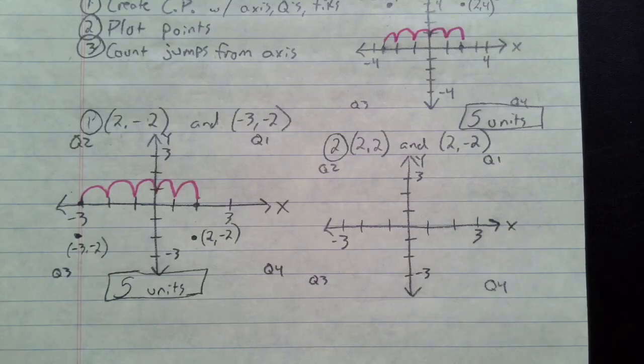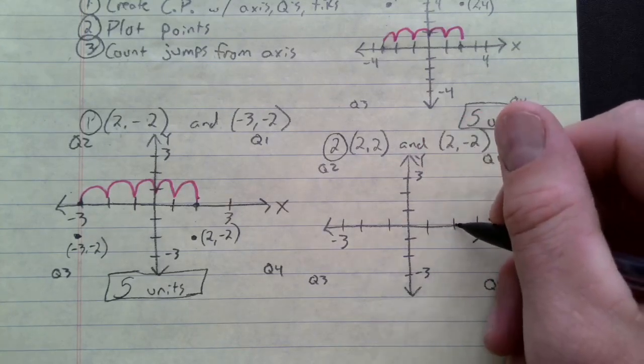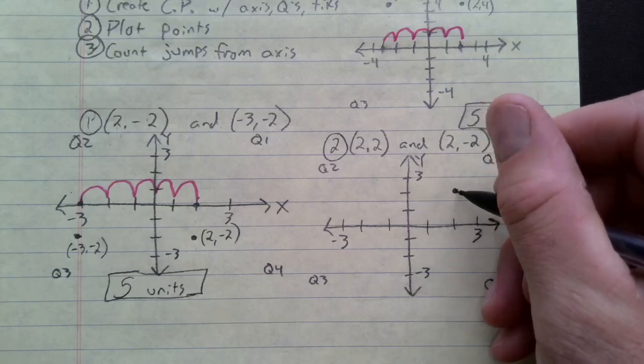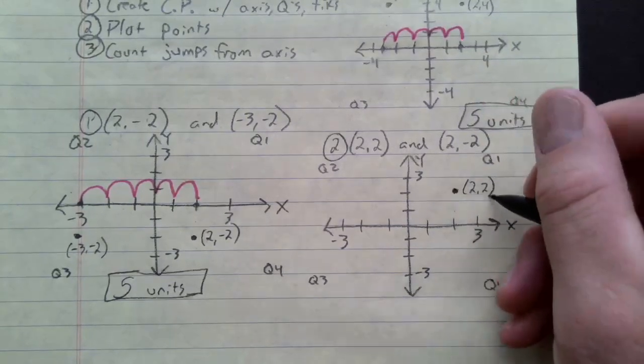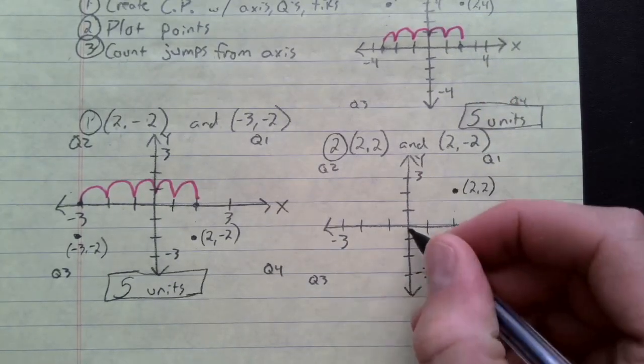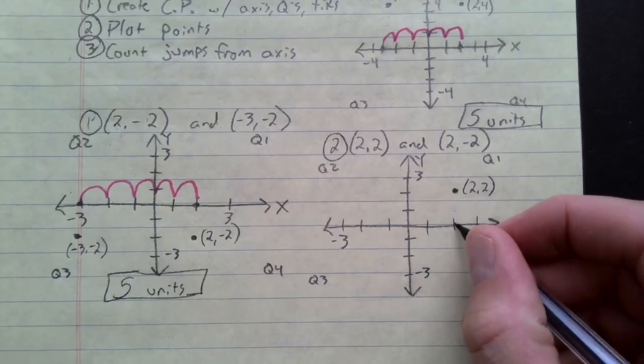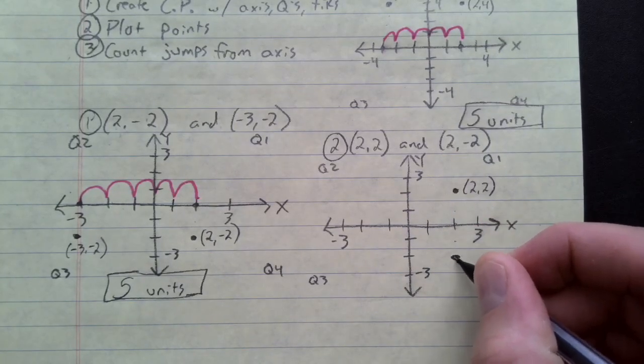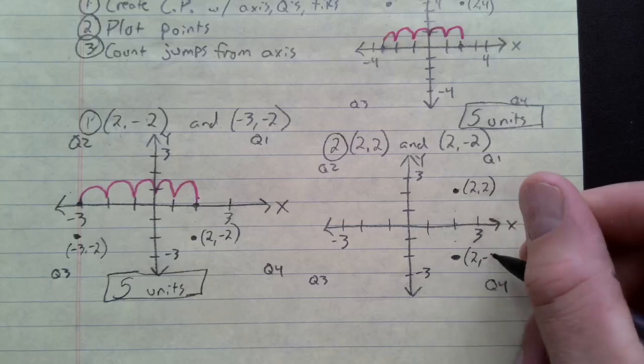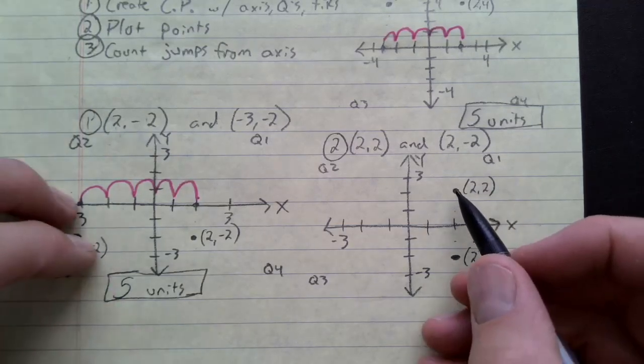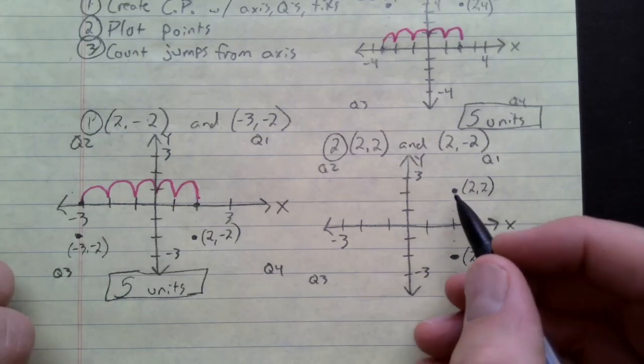All right, so just go ahead and plot your points. Positive 2, positive 2 is right here. And positive 2, -2 is right there. Then step 3 is just count jumps from axes.